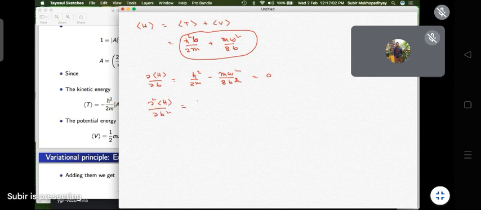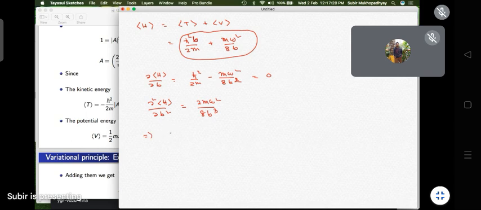The second term would be 2m omega square by 8b cube, and so immediately we know this is positive, so long as b is positive. That means if I set this equal to 0, that's the minimum for this H. Then immediately we can calculate b square.